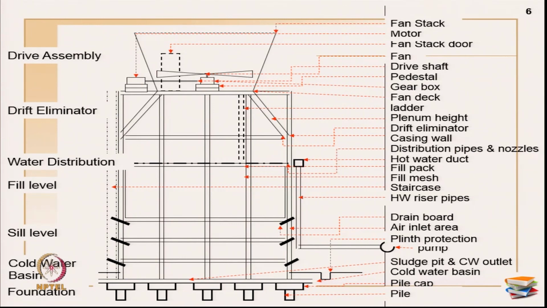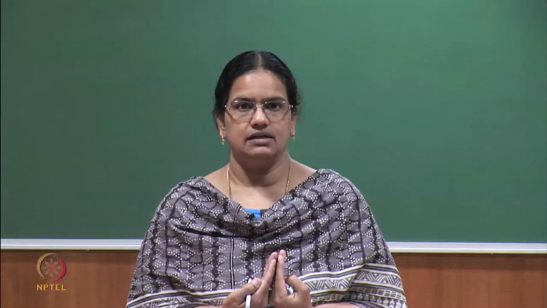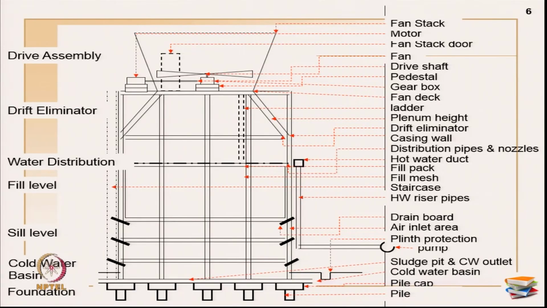Once the water falls over a very large area, naturally the water comes in contact with the air and gets cooled, and then it goes into the cold water basin, where the cold water is collected again for recirculation. Okay. This is primarily the mechanism with which the IDCT works.